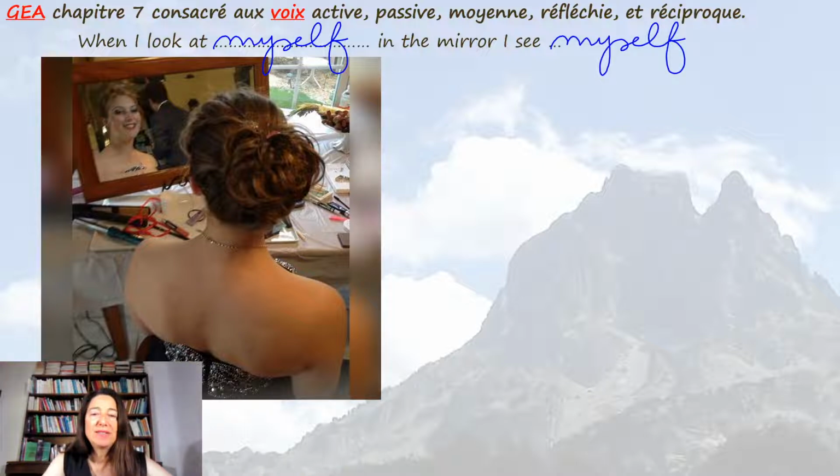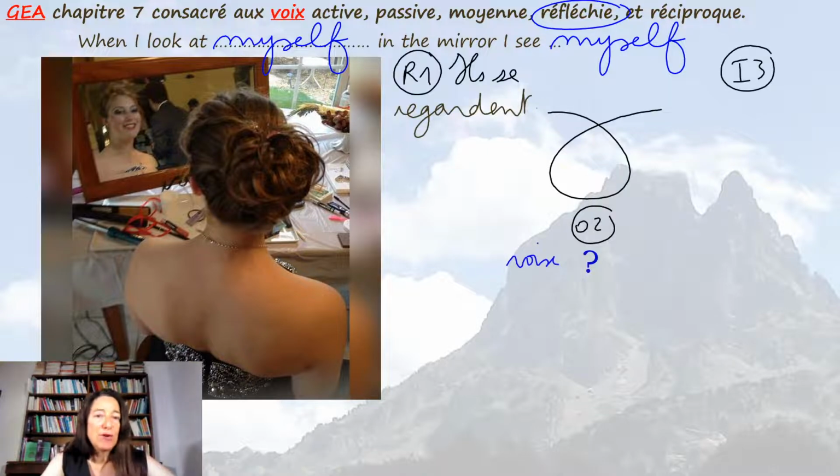Now, which voice is this? Well, the image of the mirror here is here to remind us that the reflexive voice is like a mirror that reflects the image of the subject. So this is the reflexive voice.